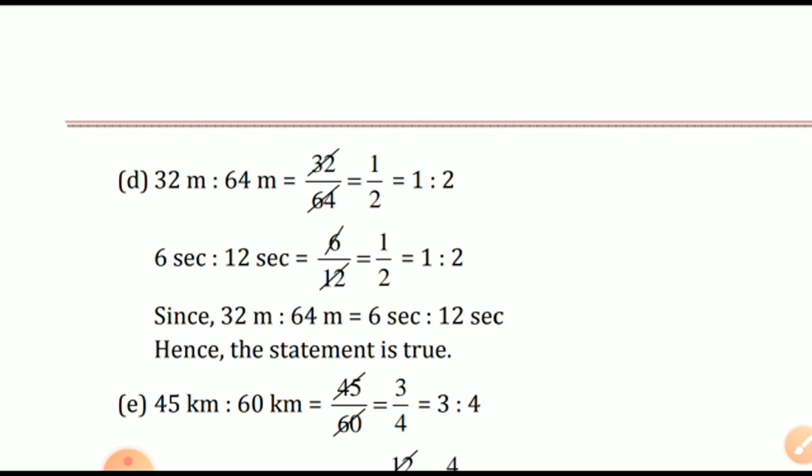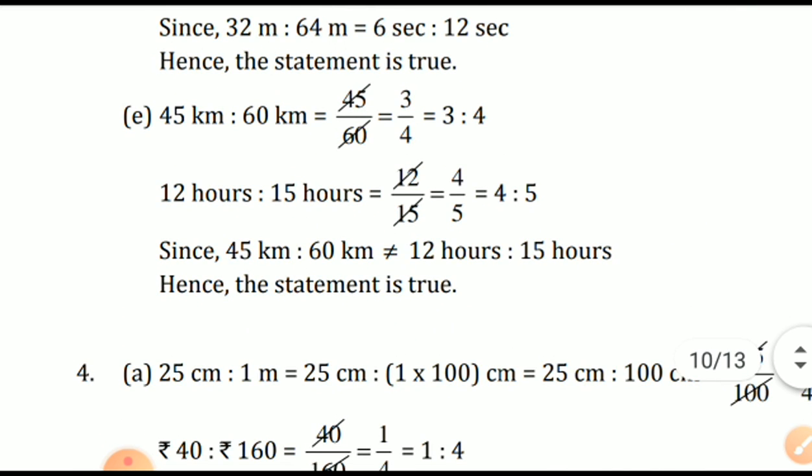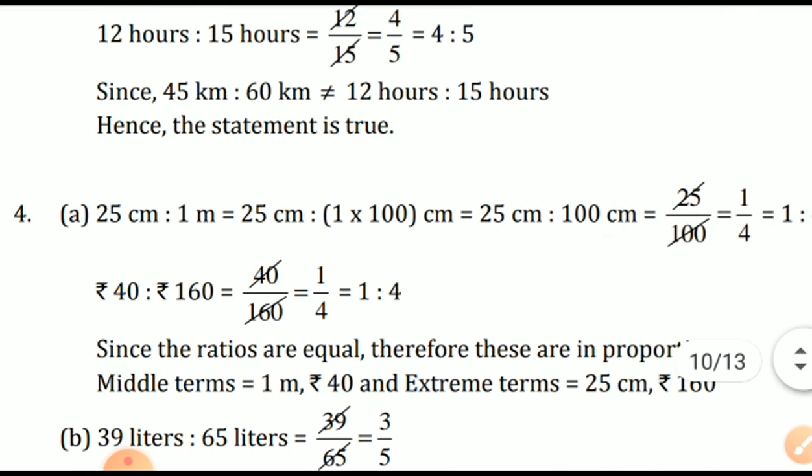That means the statement is true. Is it? Okay. Look at the E. 45 kilometer is to 60 kilometer. Reduced form is 3:4. 12 hour and 15 hours. Reduced form is 4:5. Here two ratios are different. That means they are not in proportion. They are not equal ratios. Not in proportion.